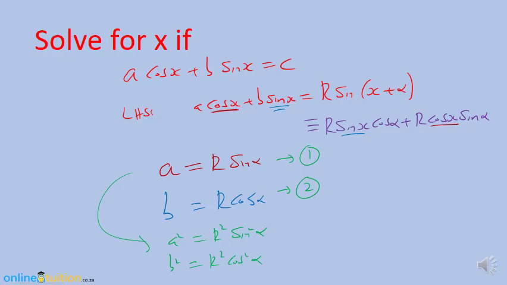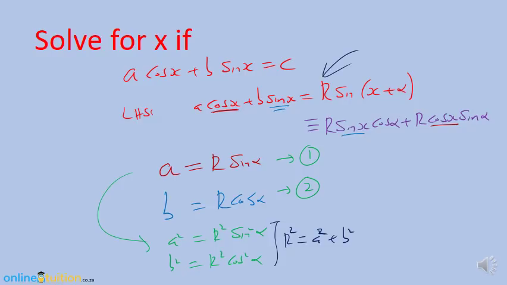If I add these up, with no stretch of the imagination, you will tell me that r squared is a squared plus b squared. I want you to think about it carefully. Don't rush through it, but that's basically it. So r is the square root of a squared plus b squared. If I know what little a is and little b is, bang, I've got capital R, which is the constant I introduced.